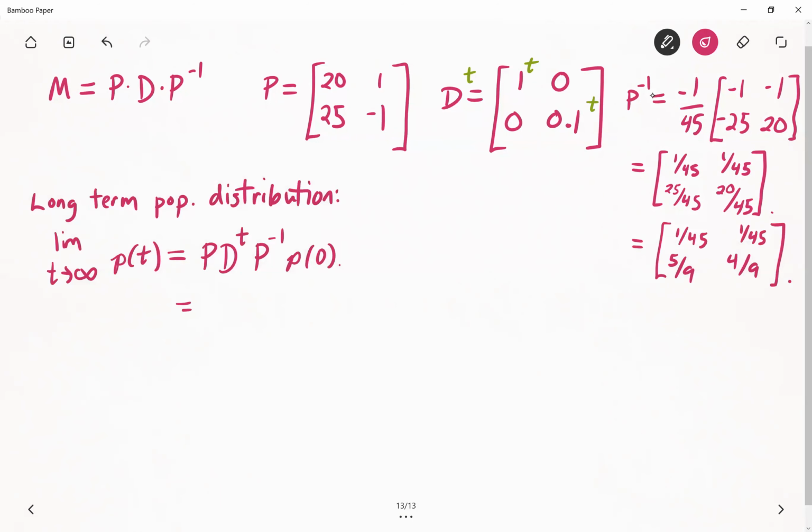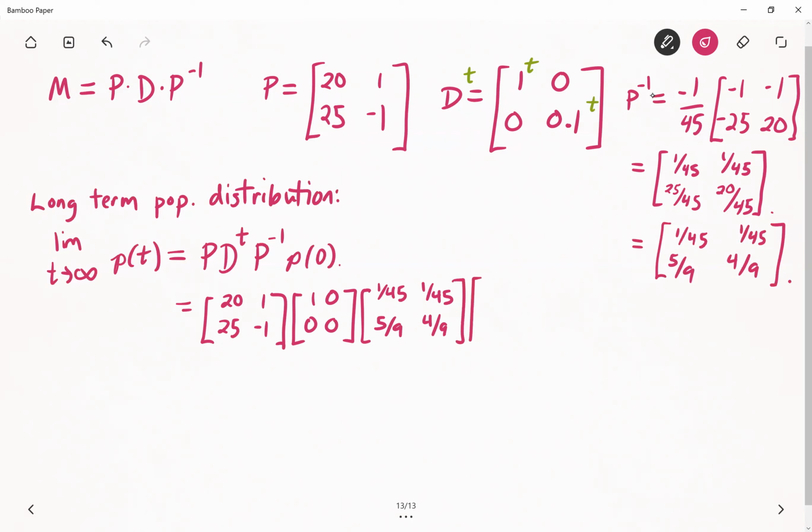And so to calculate this, we need to calculate (20, 25, 1, -1) times the matrix (1, 0, 0, 0) times this fractional matrix 1 over 45, 1 over 45, 5/9, 4/9 times the original population distribution. I think that was 200, 300?